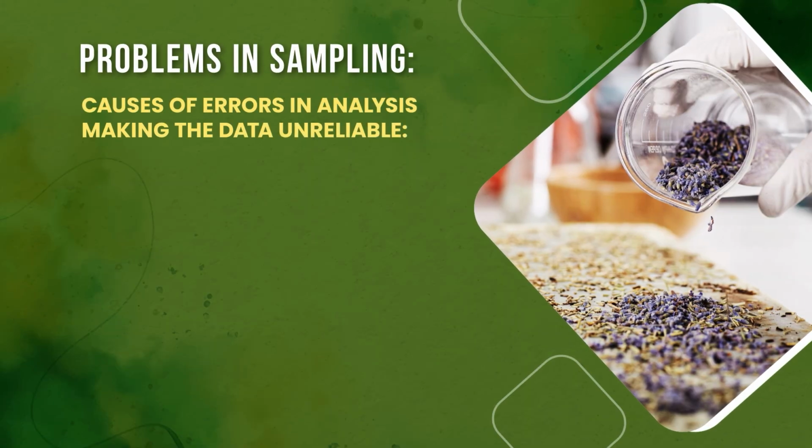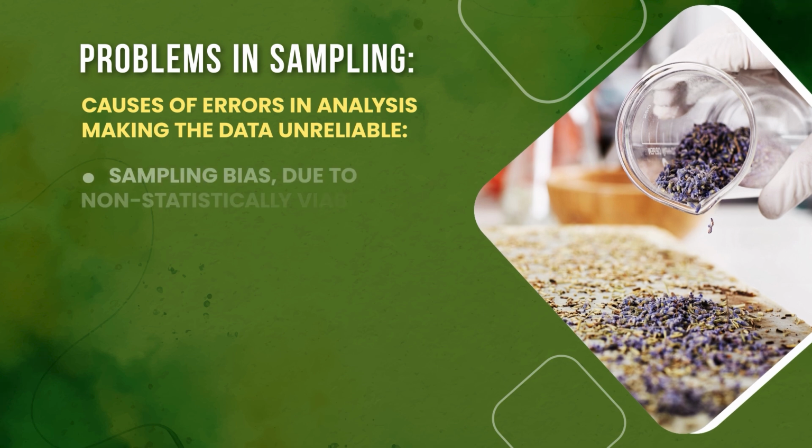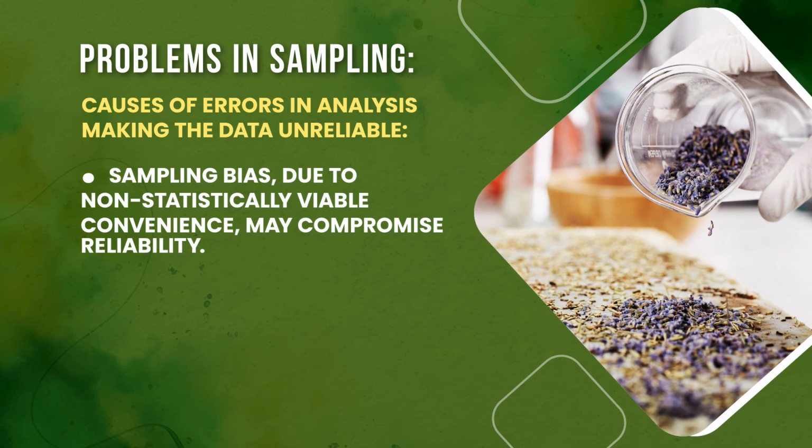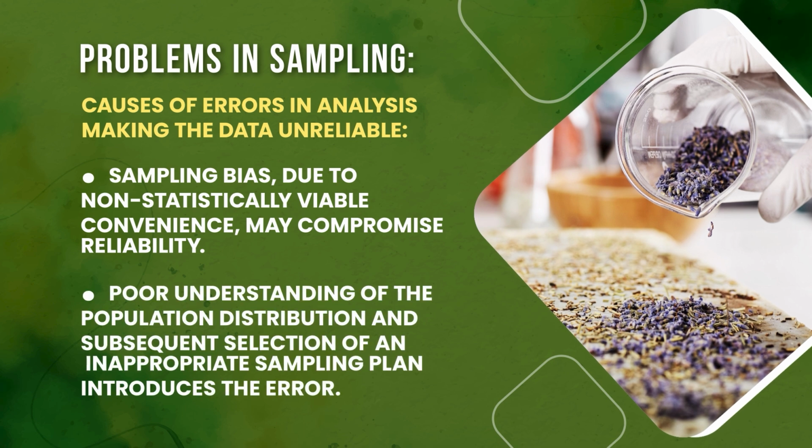The causes of error in analysis making the data unreliable. Number one is sampling bias. If you have drawn the sample for non-statistical convenience, it may compromise the reliability, and if you are not following standard procedure, you are compromising the reliability. Poor understanding of the population distribution: without understanding the population distribution, one should not carry out the sampling.